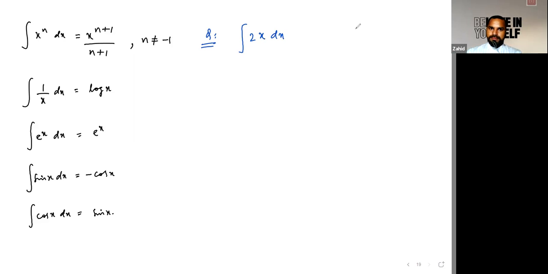So how to solve it? Move this 2 out as a coefficient. So it will be 2 times integration of x raised to 1 times dx. According to this formula, x raised to n on integration will give you x raised to n plus 1 divided by n plus 1.